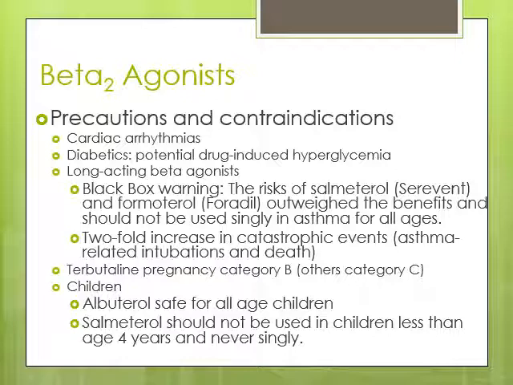With patients who have diabetes, there is potential drug-induced hyperglycemia that may result in loss of diabetic control when using any of the beta-2 agonists, so insulin dosage may need to be increased.